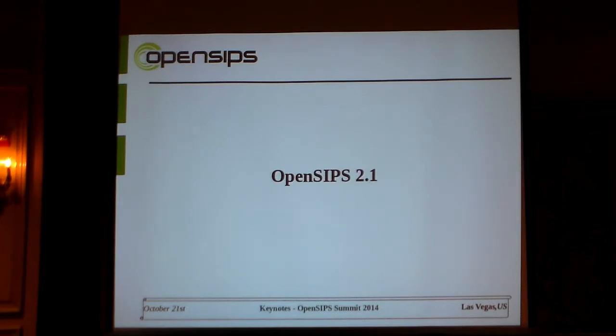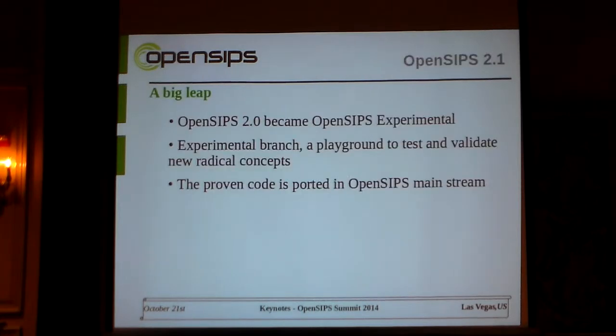This happened because we actually started importing a lot of functionalities and code from what we call the OpenSIPS experimental code, which is developed based on a new design, with a completely different approach to the internal architecture of OpenSIPS, basically to address some, I wouldn't say problems, but more or less issues that we currently have with the design.